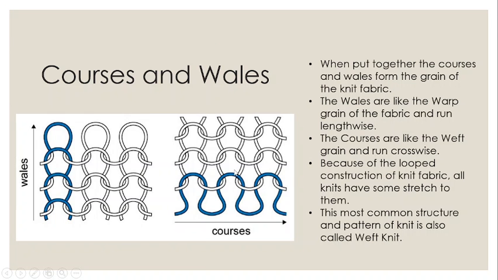Put together, we get our courses and wales. They make up the grain of the knit fabric. So the wales can be likened to the lengthwise grain of the woven fabric. And the courses can be likened to the crosswise grain of the woven fabric. Because they are similar, the wales run lengthwise through the fabric, and the courses run crosswise.